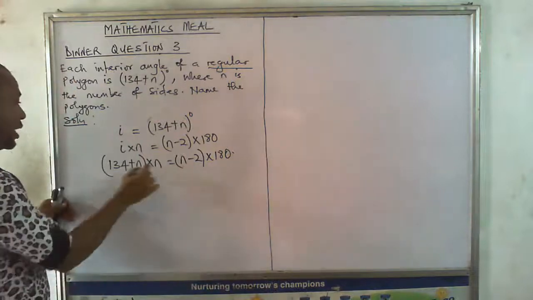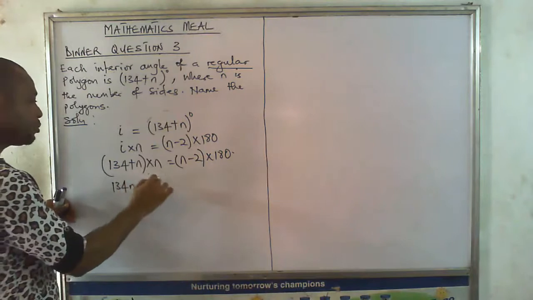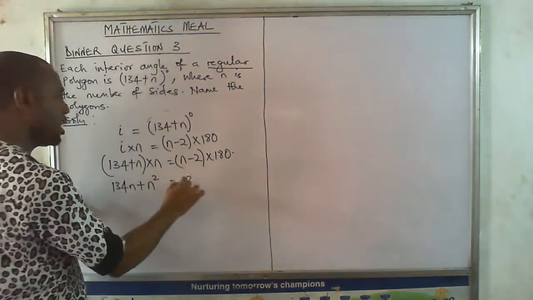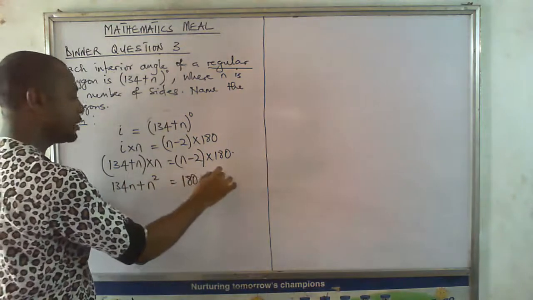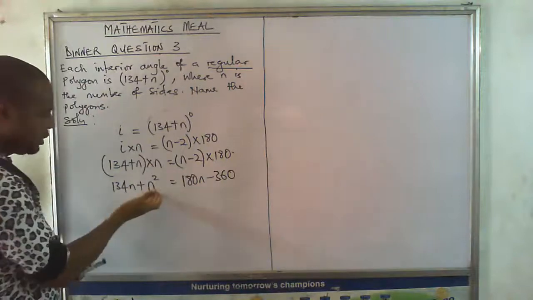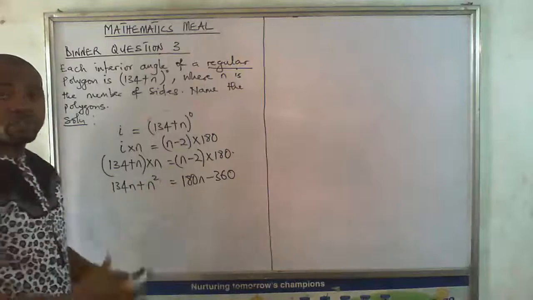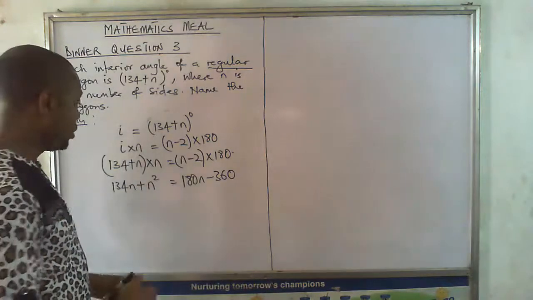We now have, when we multiply this, 134n plus n squared equals 180n minus 360. By having this power of 2 and then power of 1 here, this is reducing to a quadratic equation.